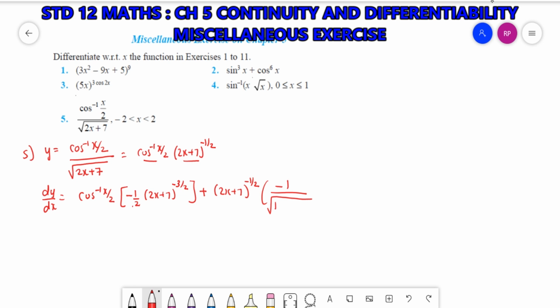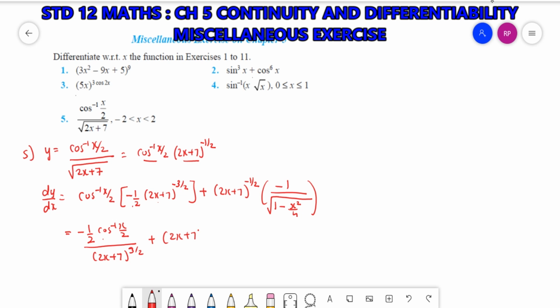So here it will be root of 1 minus x by 2 whole square, means x square by 4. Okay, so this will be equal to minus 1 by 2 cos inverse x by 2. Now as it is raised to minus 1 by 2, I can take this in the denominator, upon 2x plus 7 raised to plus 3 by 2, plus 2x plus 7.